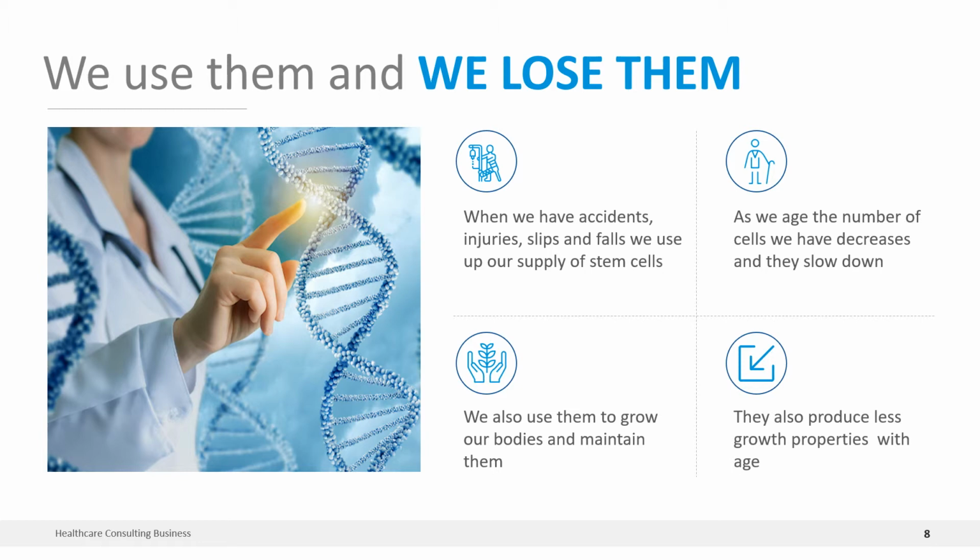By the time we get to be older, what usually happens is we've lost and used so many of our troops, so many of these regenerative properties, it's hard to do this battle, right? So as we get older, there are two other issues that happen with these regenerative properties. We're born, we have a certain number of them. They actually get slower. Now remember, I told you when we're born, one of these cells can double every 20 to 24 hours.